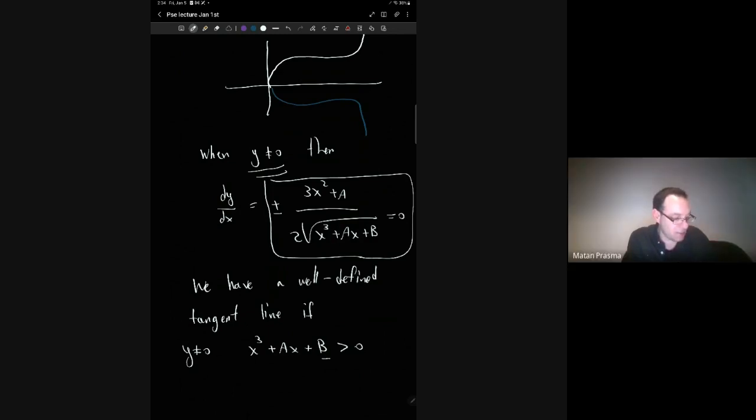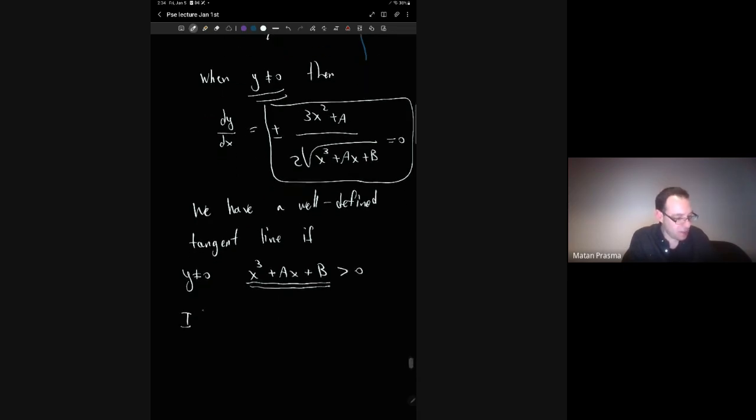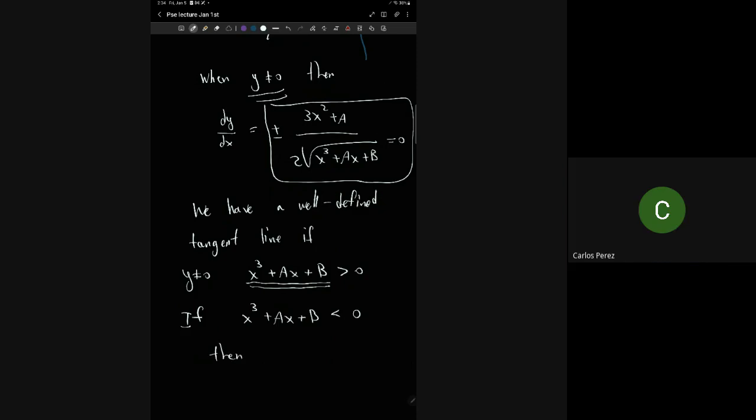So as long as it is positive, then the square root exists. Now, if x cubed plus ax plus b is negative, then there is no point on the elliptic curve for which the... But then positive or negative here might just be a convention, right?